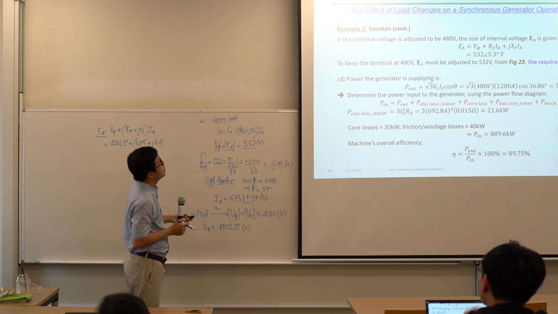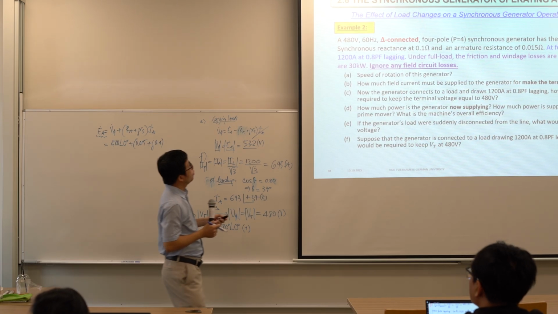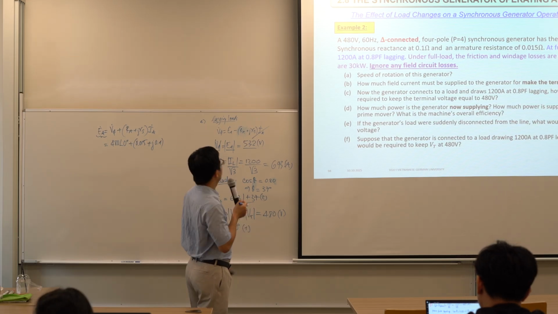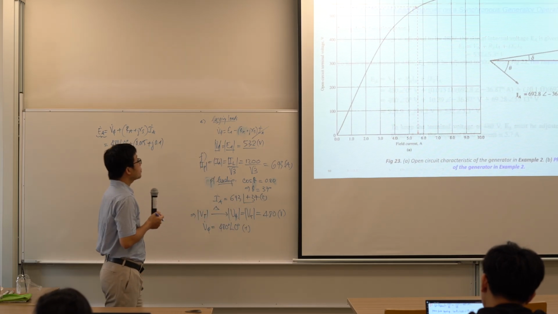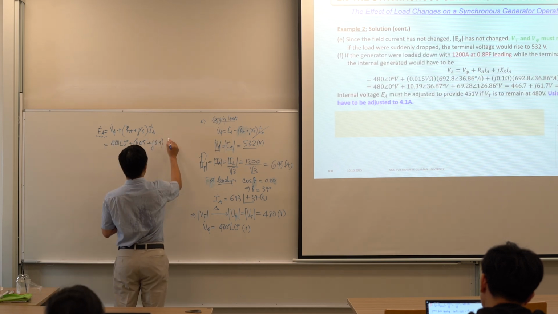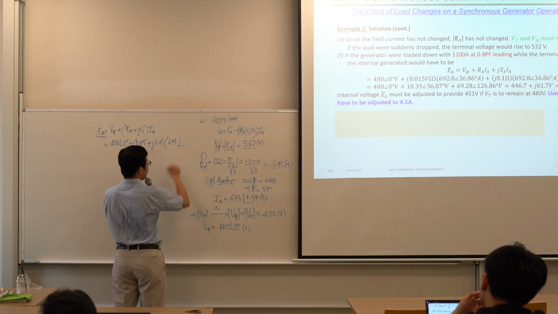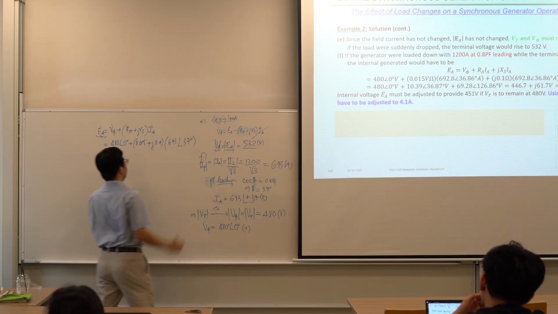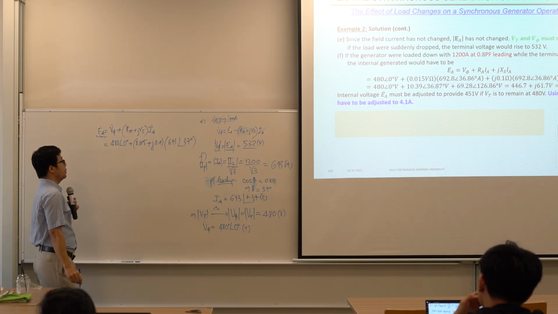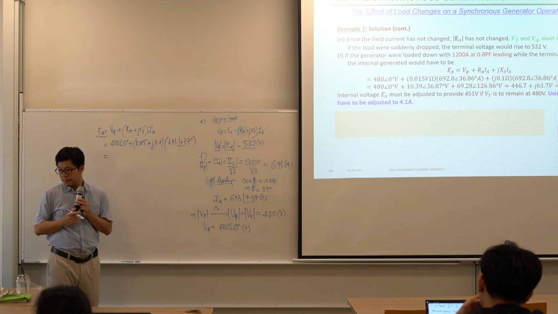How many is XS? 0.1. Okay, so times IA, and IA is 693 at 37 degrees. Of course, this is plus. Now, please, how many?